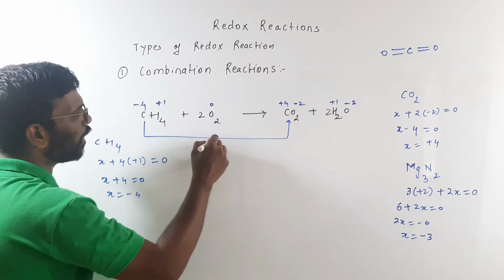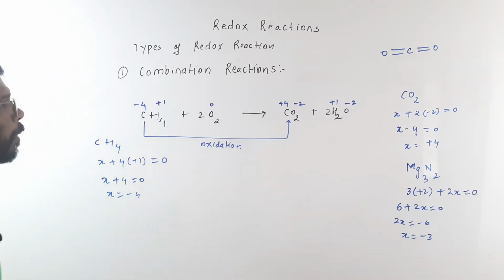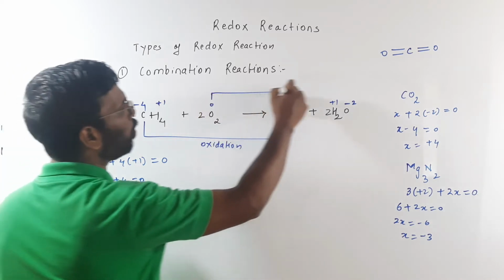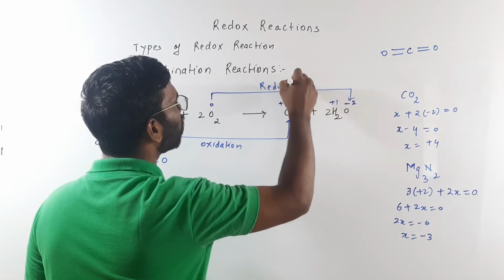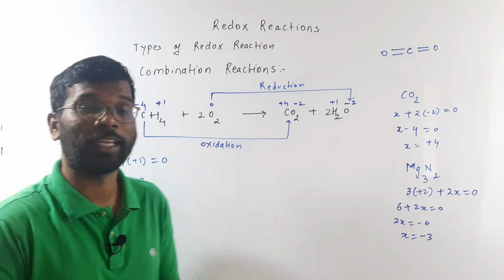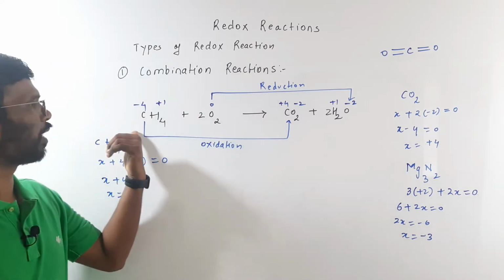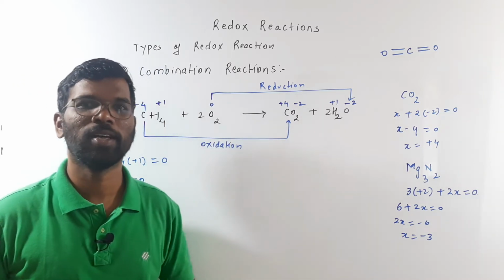So what does this mean? There is an oxidation of the carbon and a reduction of the oxygen from 0 to -2, right? With respect to oxidation state, there is an increase in oxidation number of carbon, that's why we say it is an oxidation.